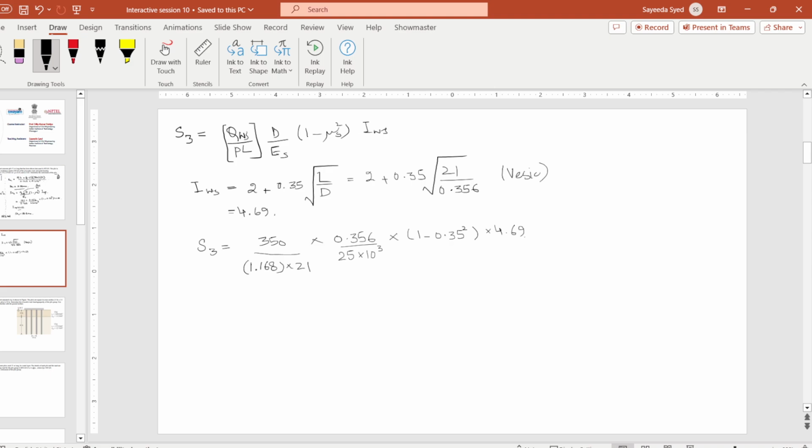so the total elastic settlement will be 19.69 mm.